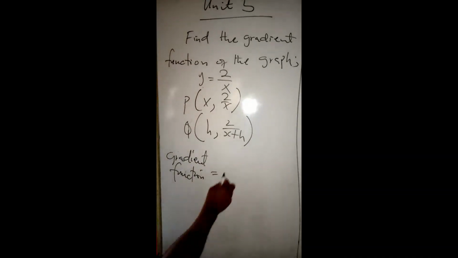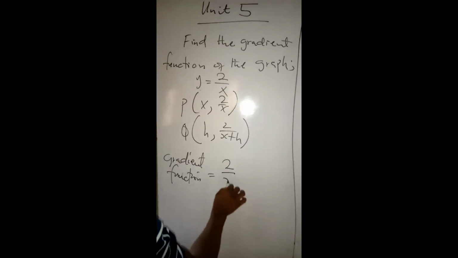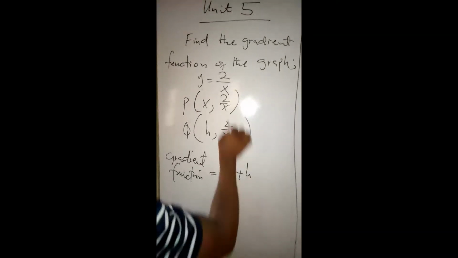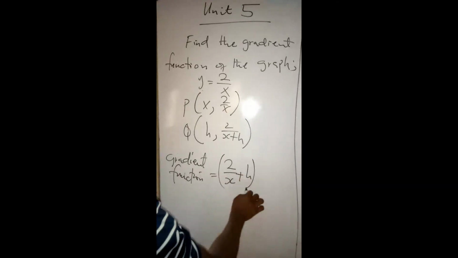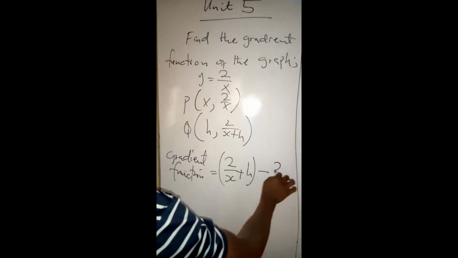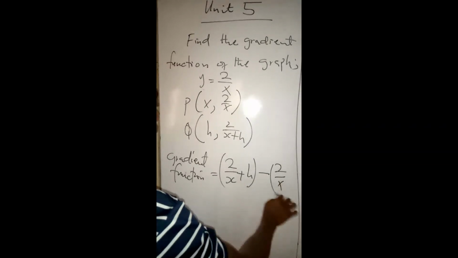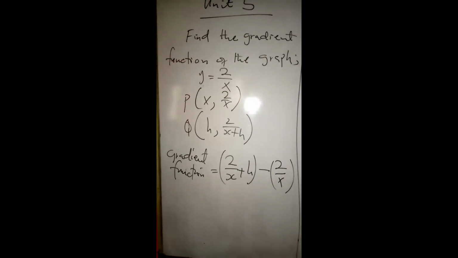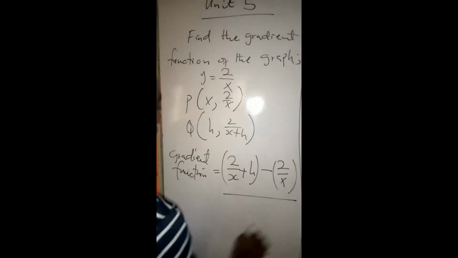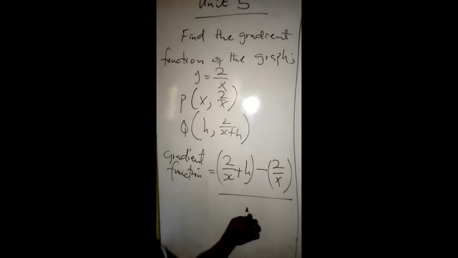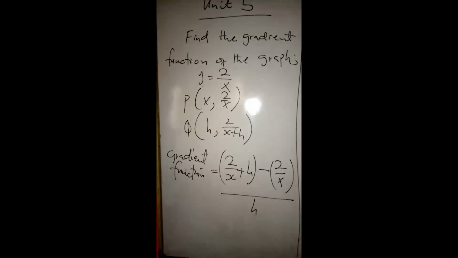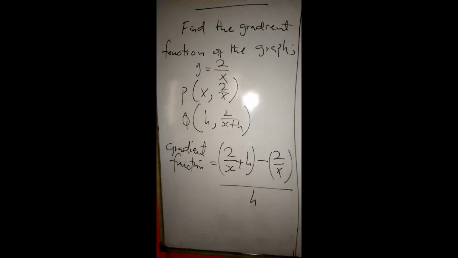So you just say 2 all over x plus h, minus 2 all over x, all over the difference in the x-axis, which is h. Now, this is your gradient function.